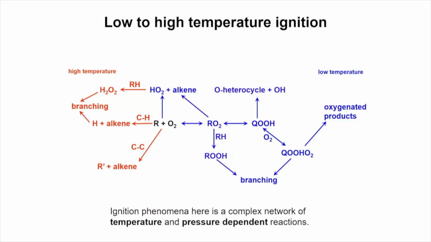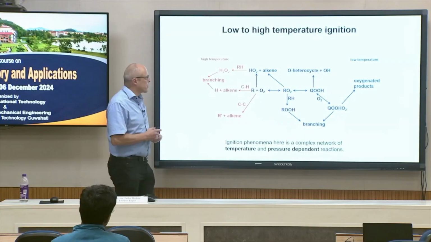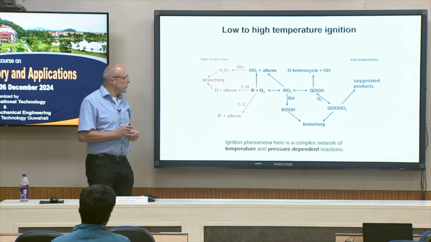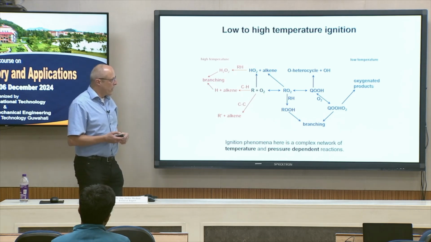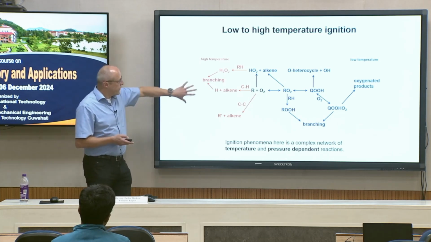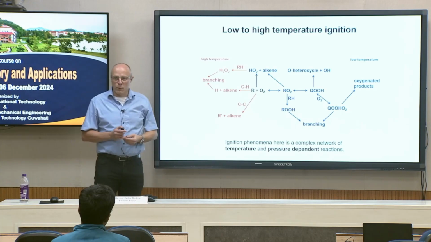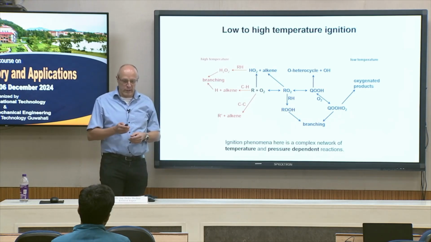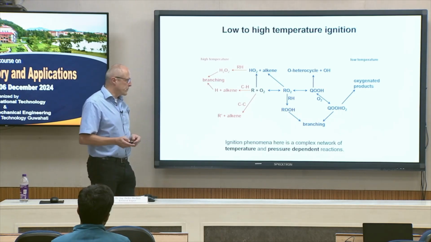So here we see it again. At low temperature, we have this complex peroxy chemistry. And then at higher temperatures, it starts already with the hydrogen peroxide branching. And at the end, finally, we would have this H plus O2 reaction dominating the chemistry.